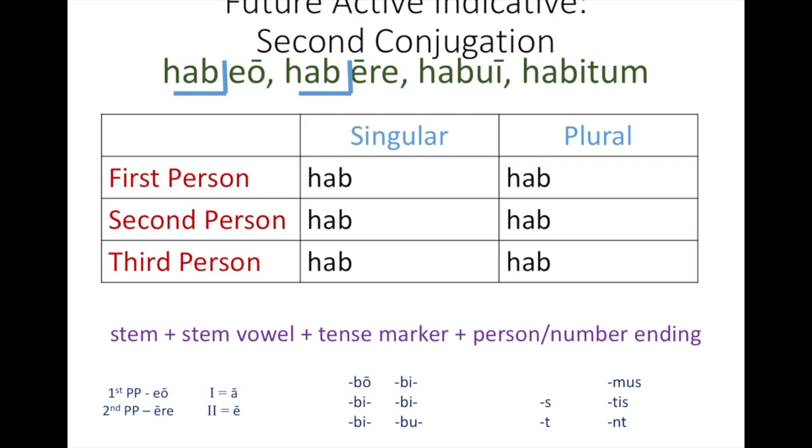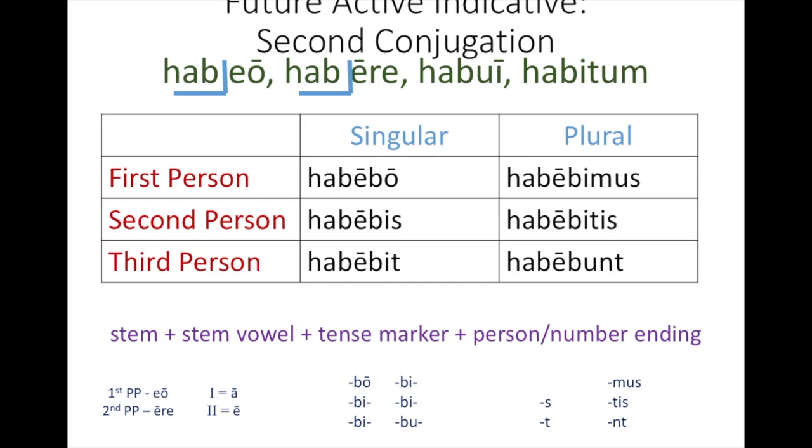Then to your stem, you add your stem vowel. Because it is a long ERE in the second principal part, it is a second conjugation verb, so you add an E. Then you add the tense marker, BO, BI, BU. Then your person and number endings, S, T, MUS, TIS, NT.